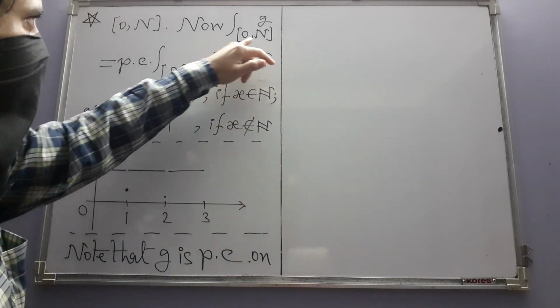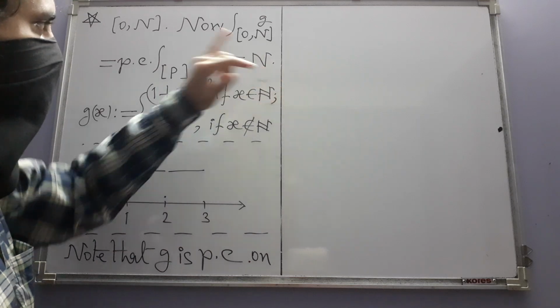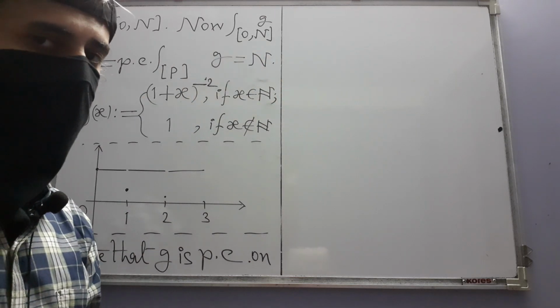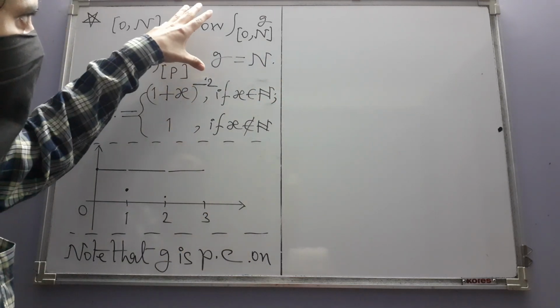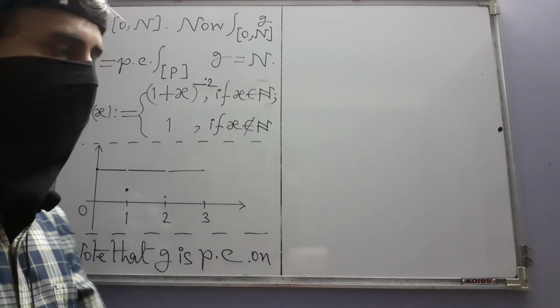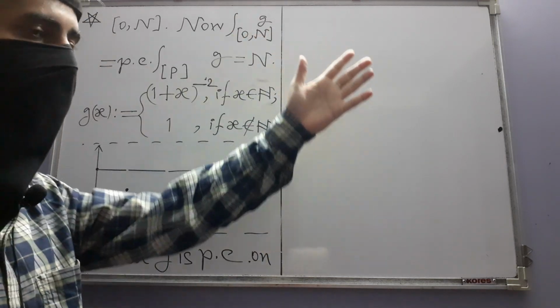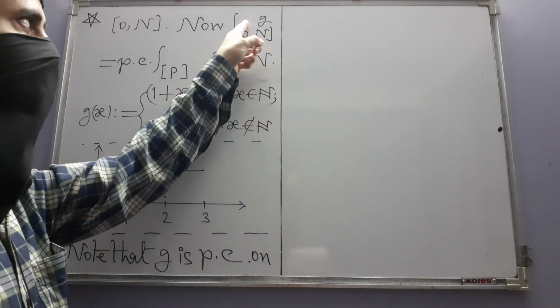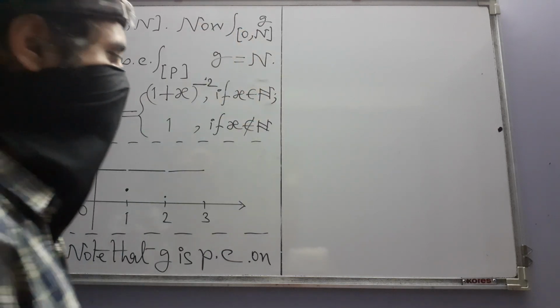And for a given n, the integral value is actually equal to n. So obviously, the set of integrals is unbounded above. You can choose your n as large as you want. That itself will be the value of this integral.